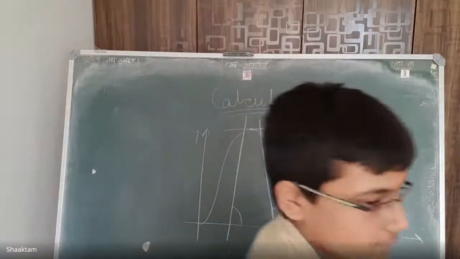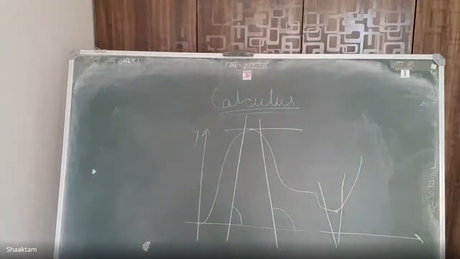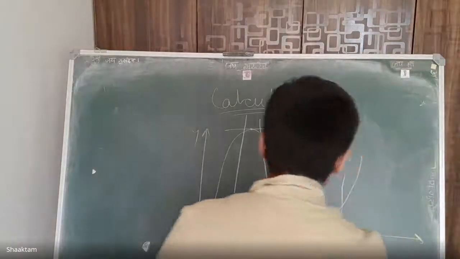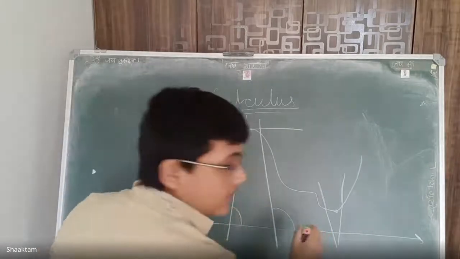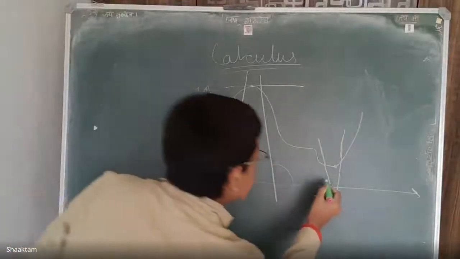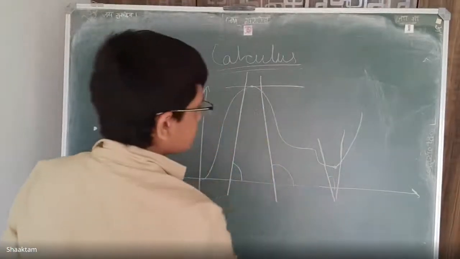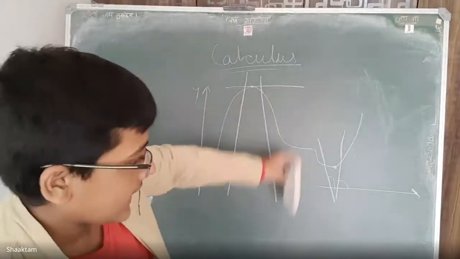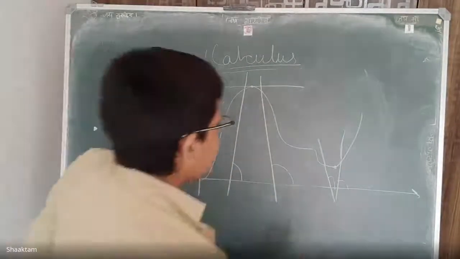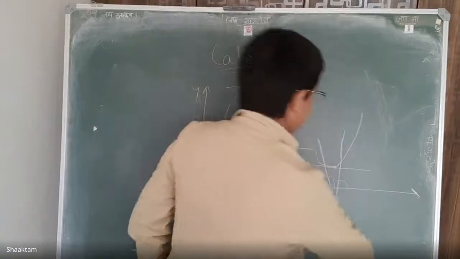So what I am trying to do is make use of d2y by dx square. Similarly, if you observe over here, if this angle, as you can see, is obtuse, and this angle you can see is acute, i.e. negative and then positive. In fact, this also should be 0.